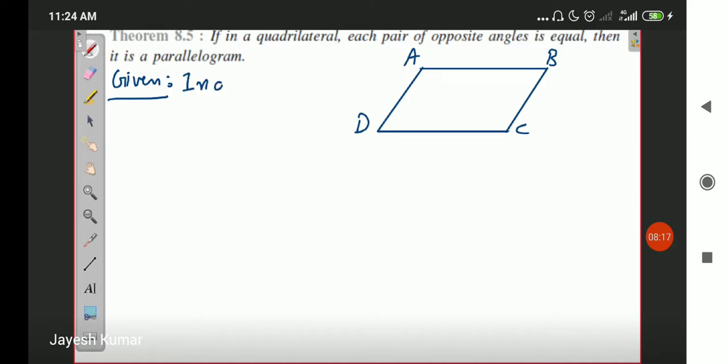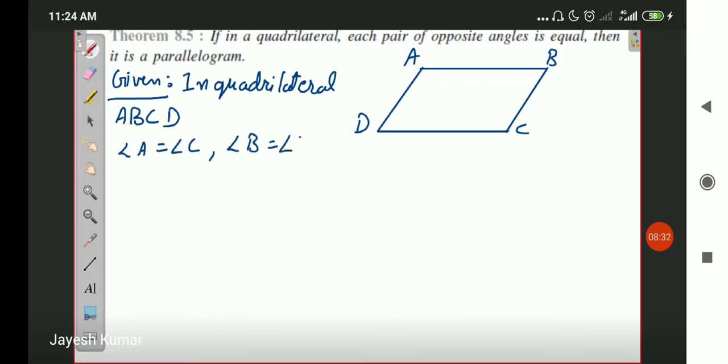In quadrilateral ABCD, pair of opposite angles, angle A and angle C are equal, as well as angle B and D are equal.